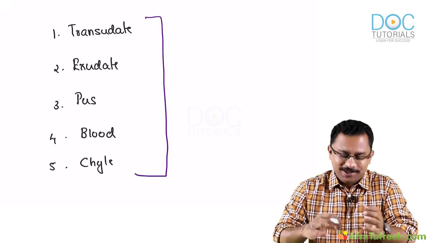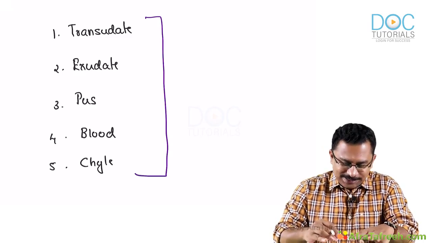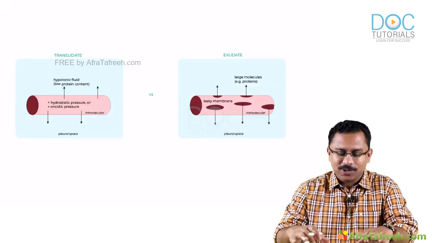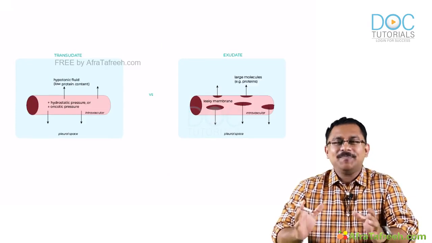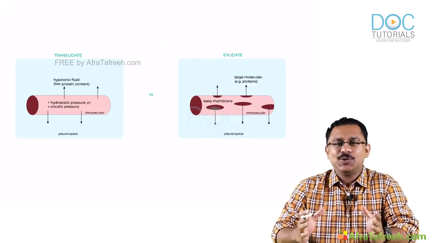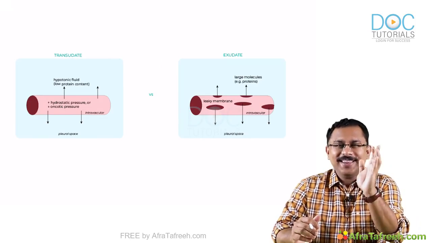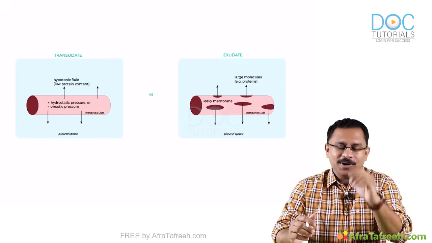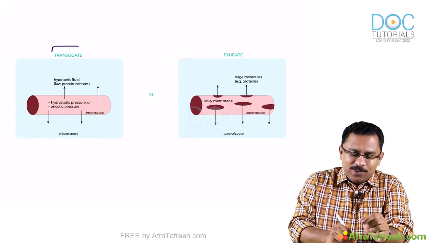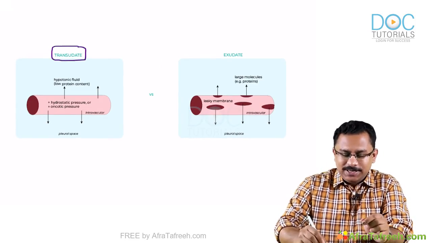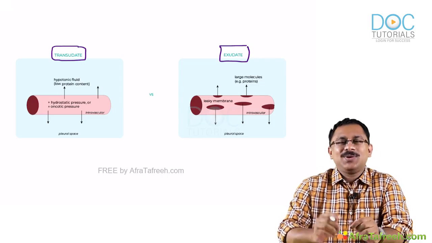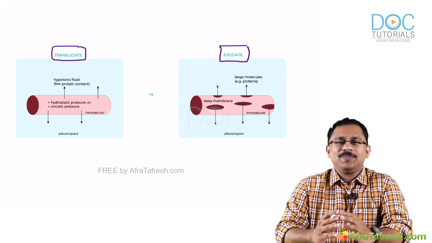So let us have a look at the initial comparison between a transudate and an exudate, the first two types, very important and very simple also. Let's see what a transudative effusion is, and compare it with an exudative effusion.